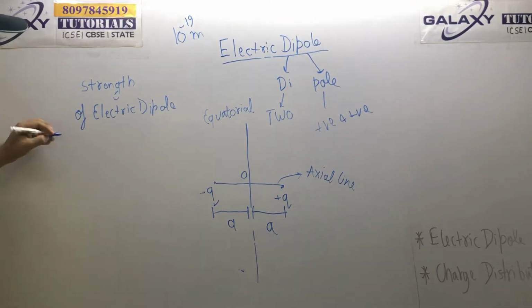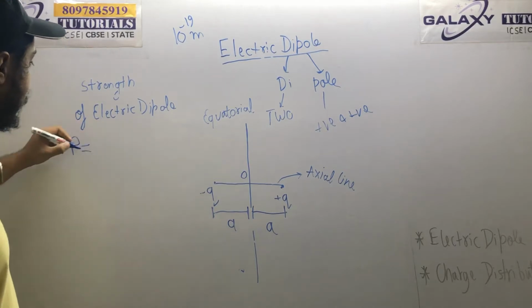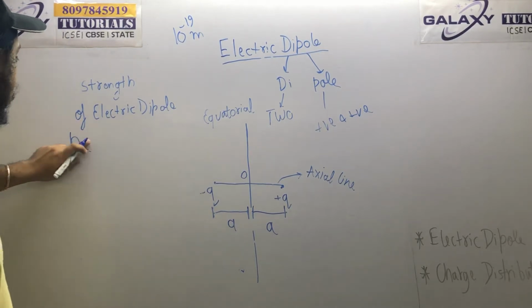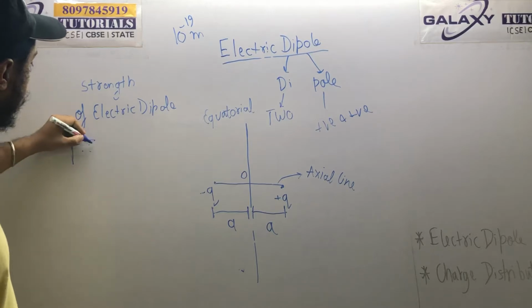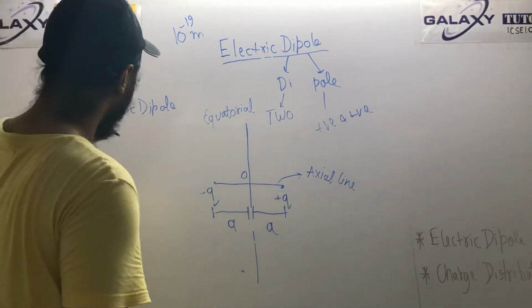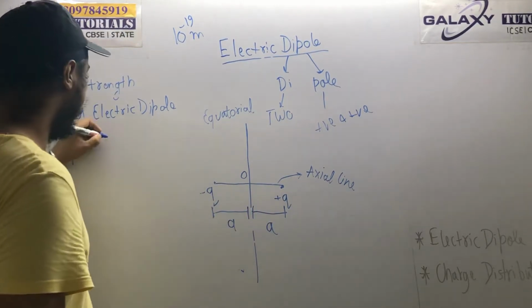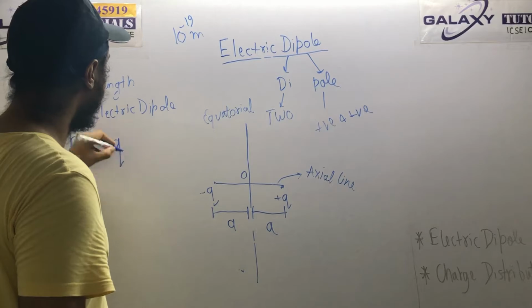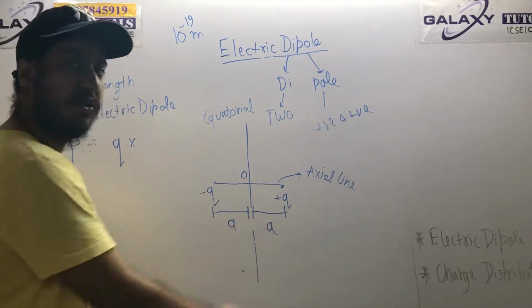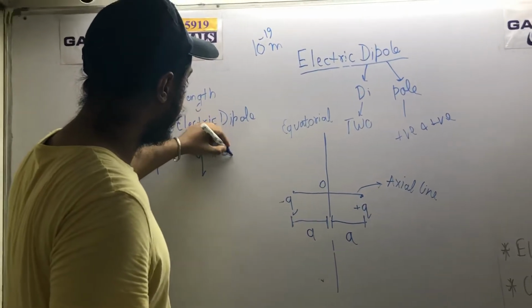Now the strength of the dipole is given by the symbol small p. And the formula for it is the magnitude of any one charge, q, into the distance. Distance is how much? 2a. So p equals q into 2a.